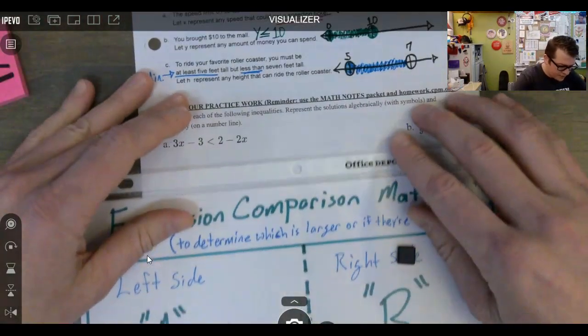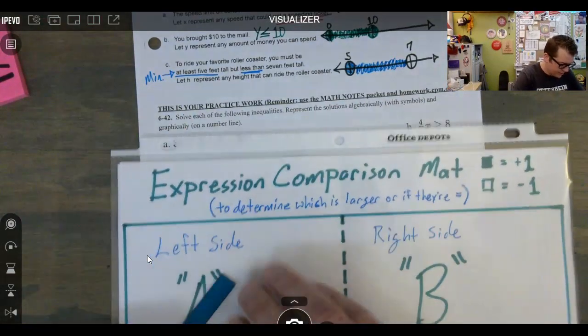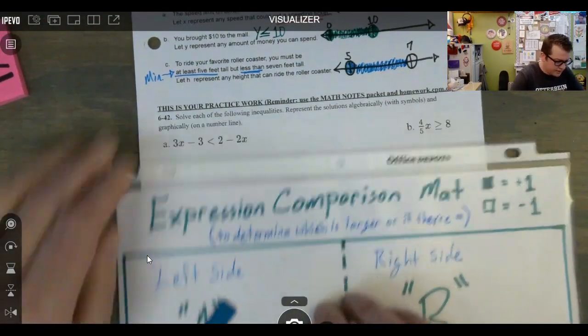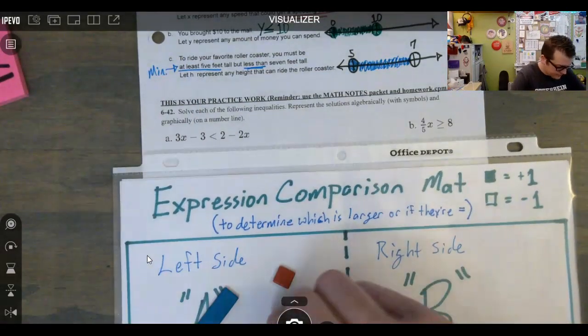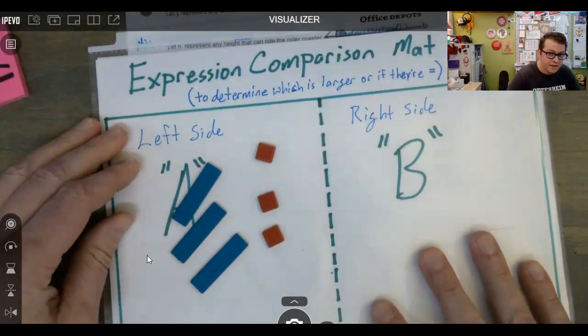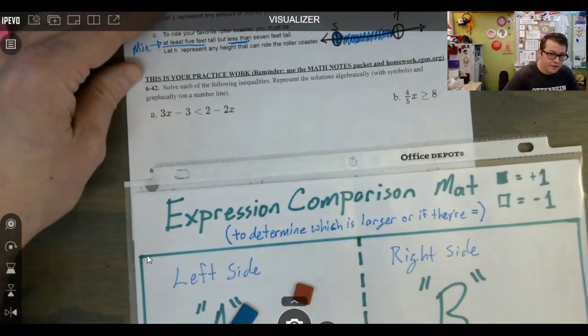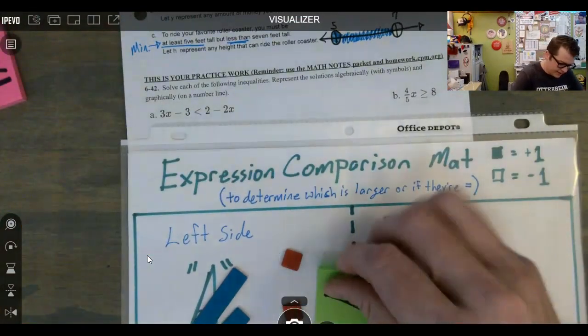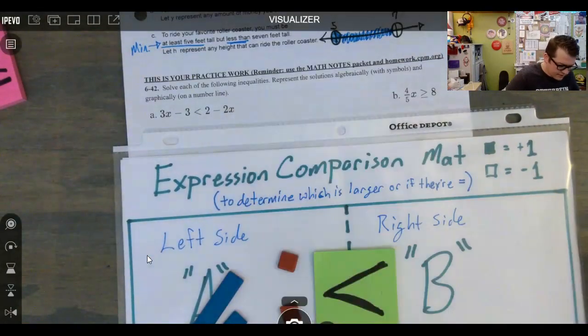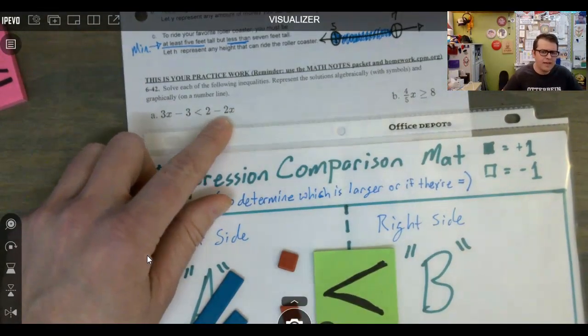So 3x minus 3. Let's get my 3x's. Now instead of minus 3, I'm going to say negative 3. All right, so there's my 3x and negative 3. And then less than, so I can pull this guy back, less than 2 and minus 2x.